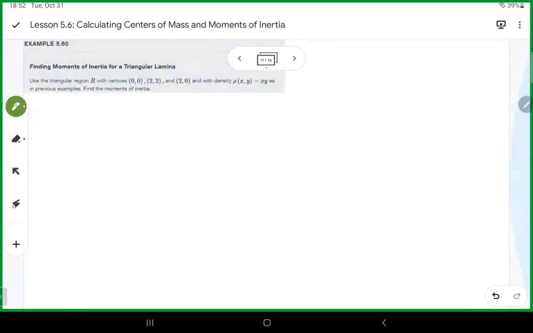So using the expressions established, find the moments of inertia. So we would have I sub x equal to the integral of y squared rho of x y dA. And so 0 to 2, 0 to x, y cubed, dy dx.